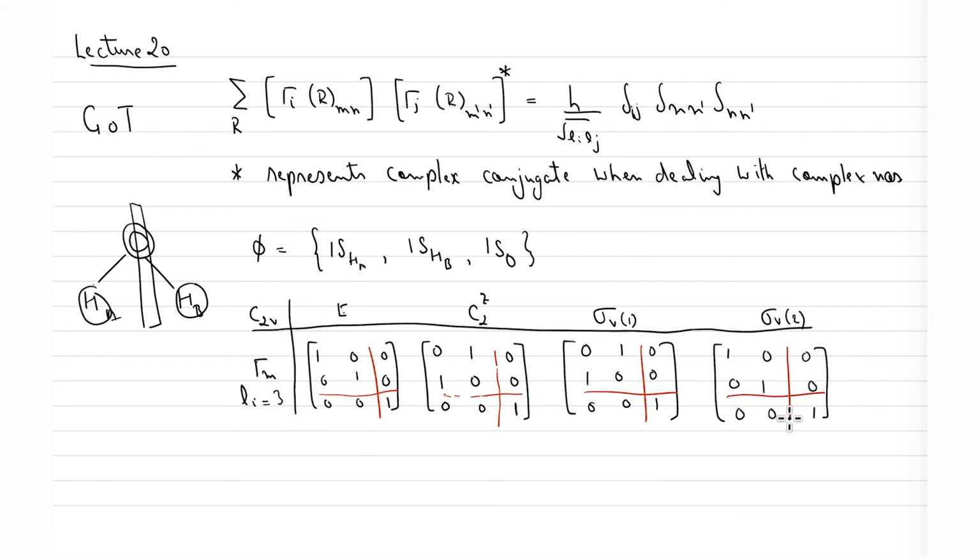So I can block factor it by 2 cross 2 and 1 cross 1. But can it be further reduced?